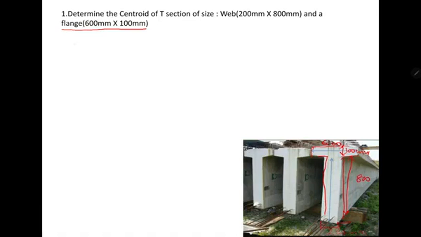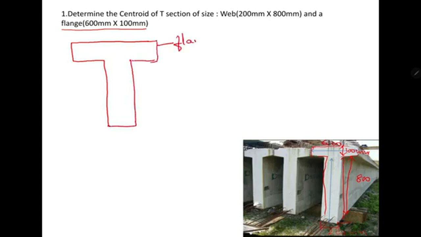If you want to write this as a plane figure, we have the flange and the web. Those who don't know, this is the flange, and this we call the web.